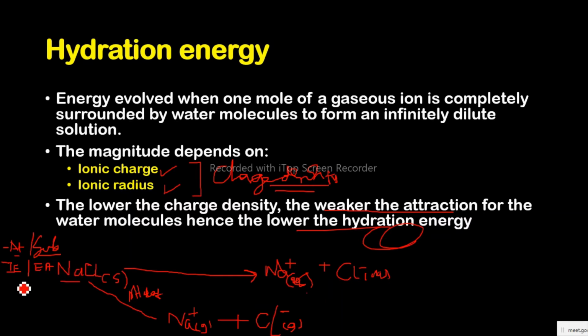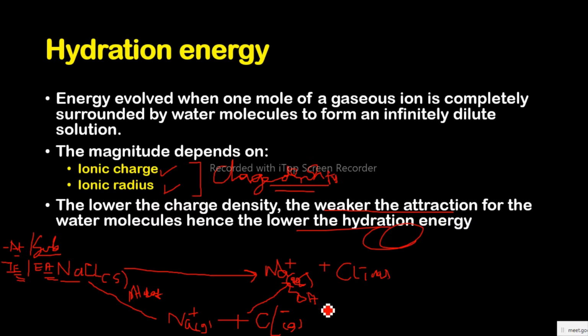Depending on how many outermost electrons you have or want, you can undergo first, second, third ionization, or first, second, third electron affinity. Then finally, after forming these ions in gaseous state, they must be surrounded by water molecules to form aqueous ions.